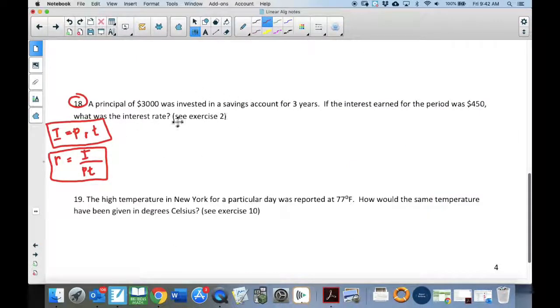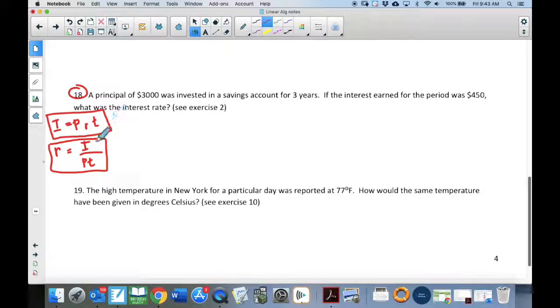Okay, so the two equations again, I equals PRT or R equals I over PT. And in this, I stands for interest, and you don't have to write this down, but you can. So I is interest, P is the principal or the starting amount, R is the rate, the interest rate, and T is the time.